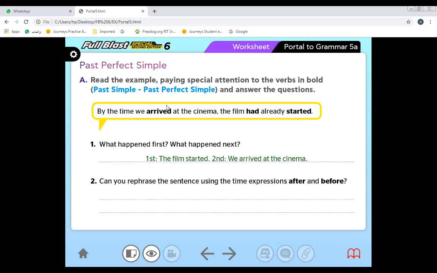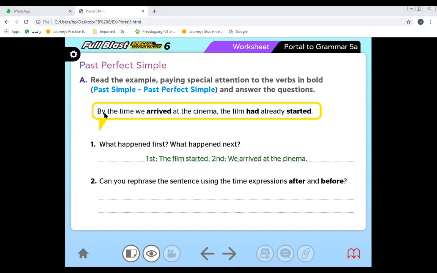Who can make the first sentence, by using after? Who raised her hand? We are 6 now. Yes, Hoda. Can you answer it, Hoda? Which one? I don't understand.